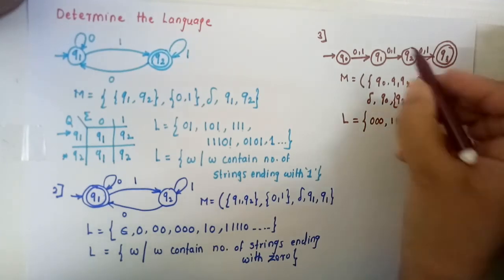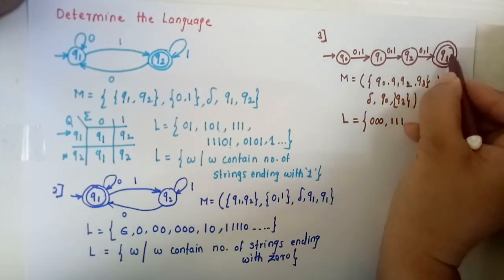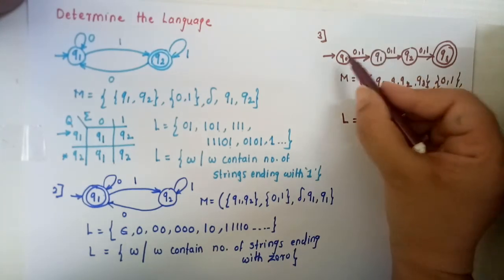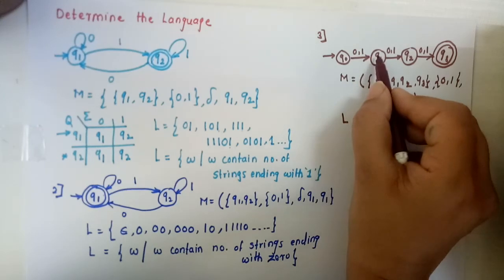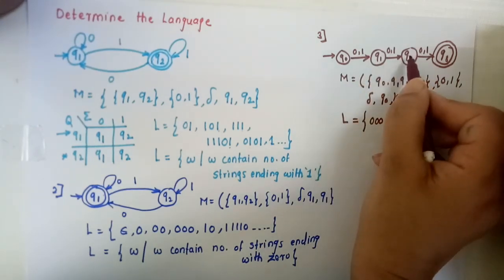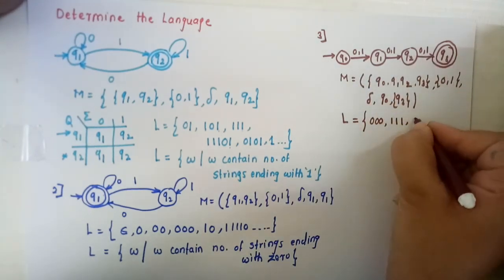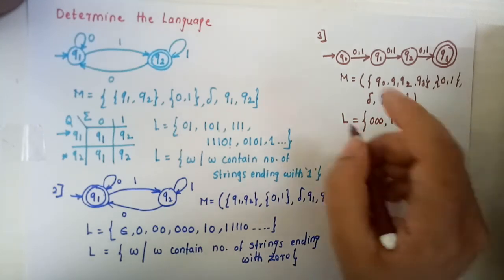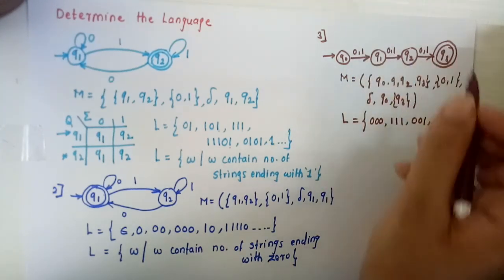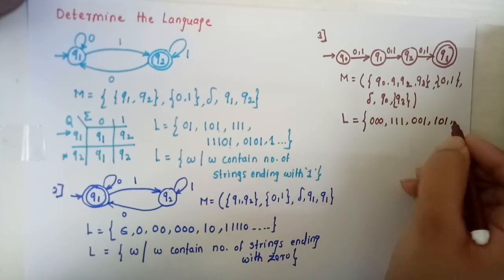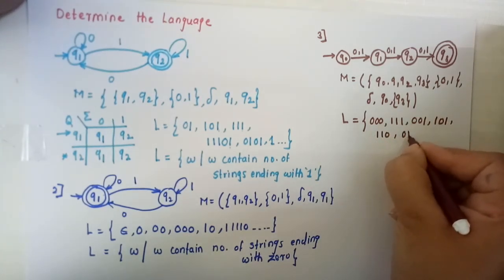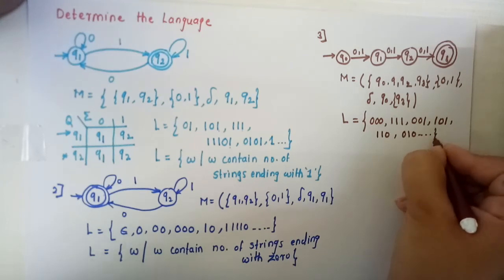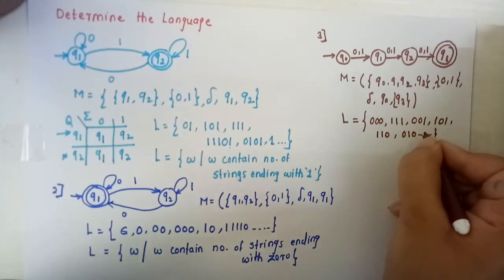Next we can use both 0 and 1 symbols: Q0 to Q1 on 0, Q1 to Q2 on 0, Q2 to Q3 on 1, giving 0 0 1. Next time I can use 1 0 1, 1 0 1. Next 1 1 0. Next 0 1 0, and so on. Every time string length is equal to 3.